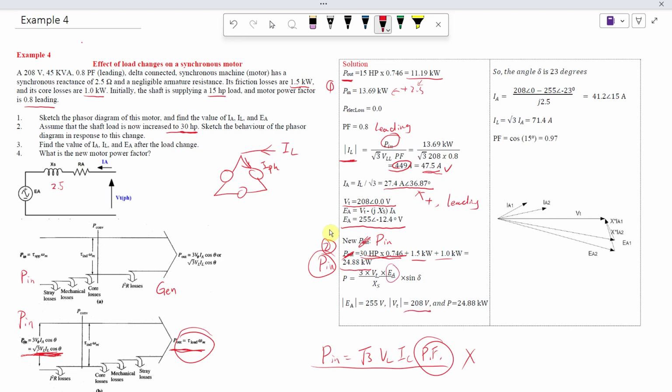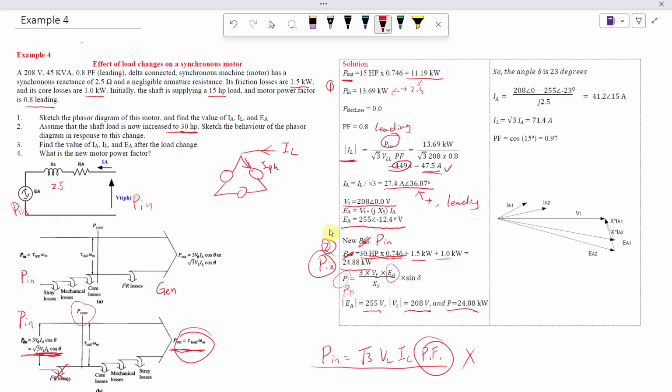We also know EA, the internal voltage, which we calculated in the previous section. We didn't change the flux, the excitation or field current, so EA is kept constant. So we know these two, we know the reactance, and we know the power as well. P_in equals P_out because we are neglecting the losses. So that's the power conversion.